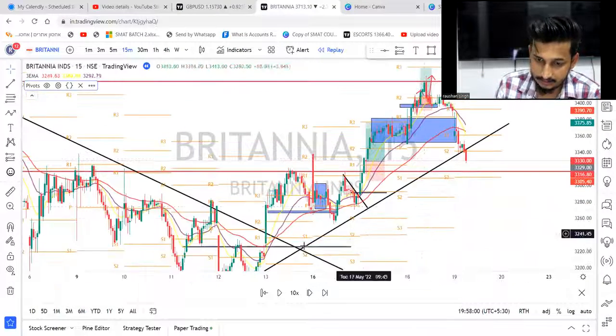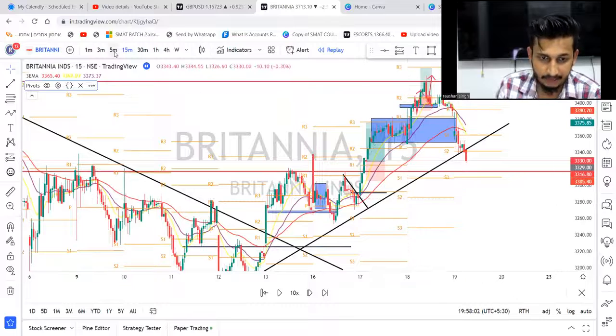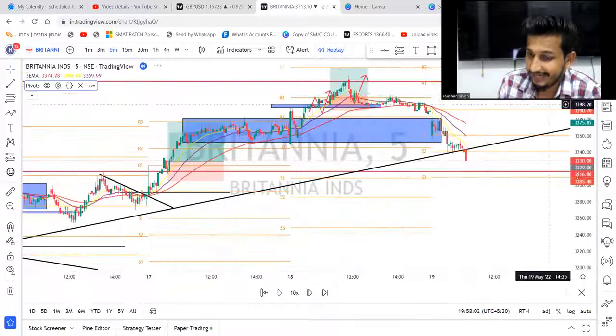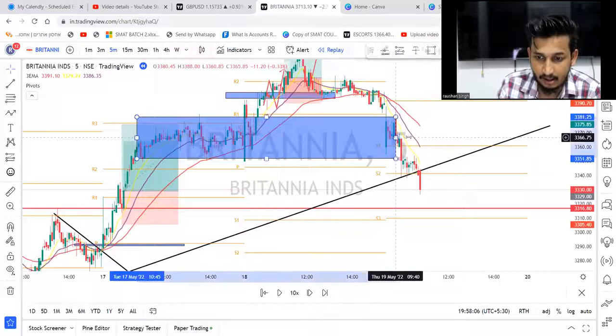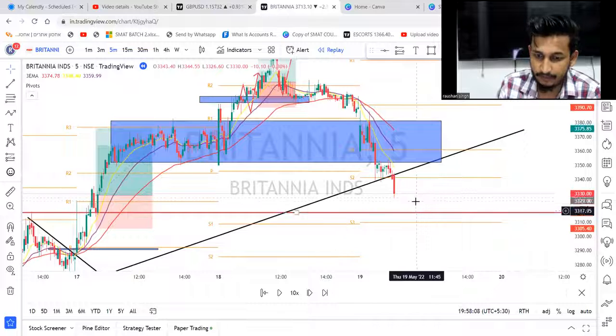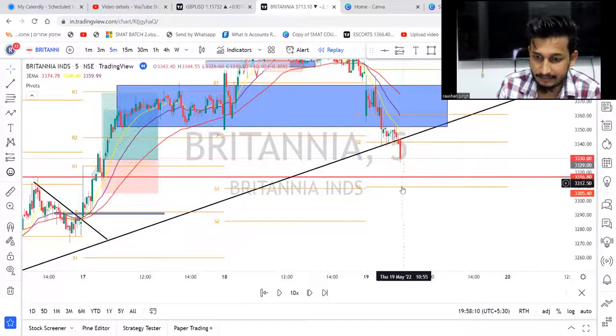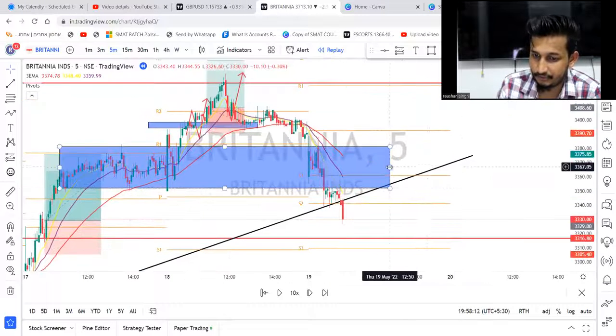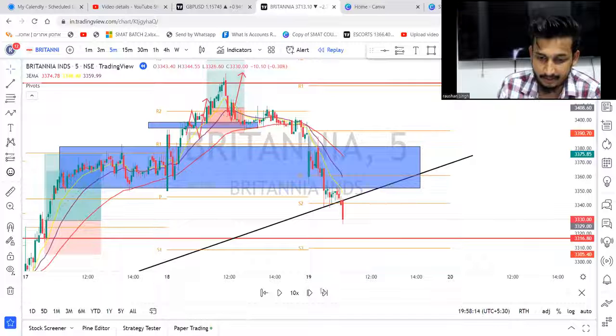This is a support level, okay, which means if I get trapped in this, can you see this? If I go for the trade, I'll get trapped at this point of time. Here is the S3. My risk reward ratio will not be good. It's better I avoid this trade.